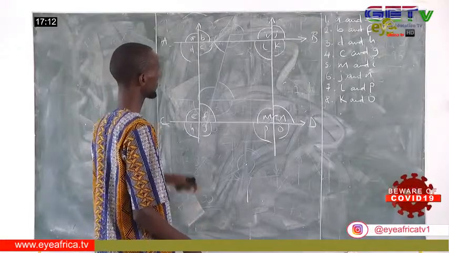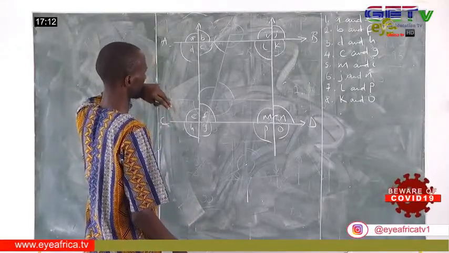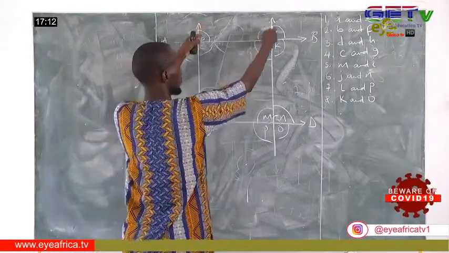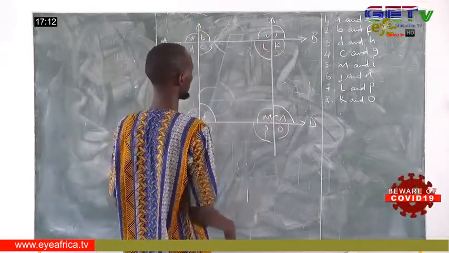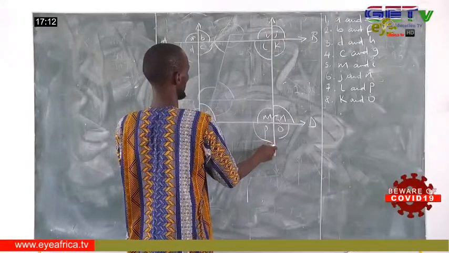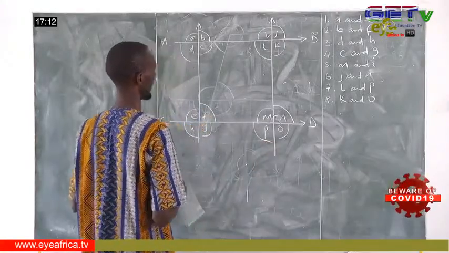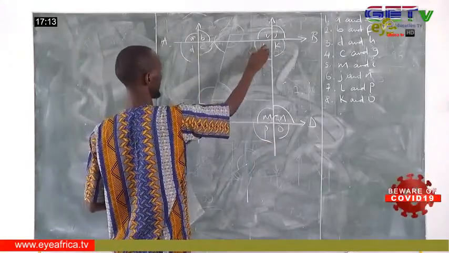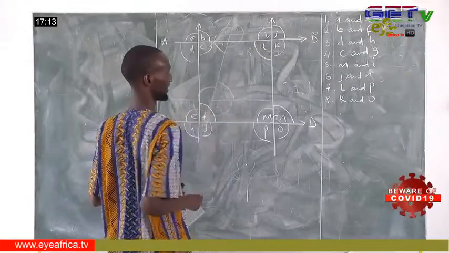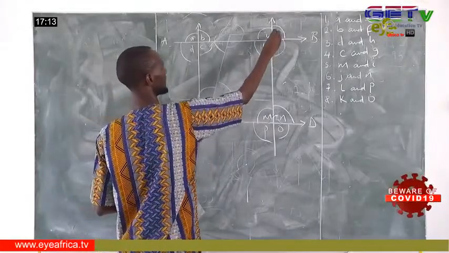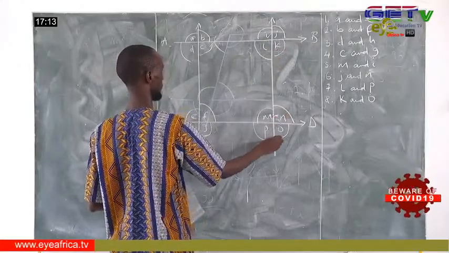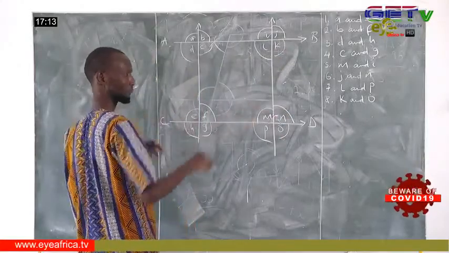If we now look at it vertically, using those 2 parallel lines, you will see between these 2 parallel lines, you have angles C, L, F and M inside, and J, K, N, O, D, E outside.